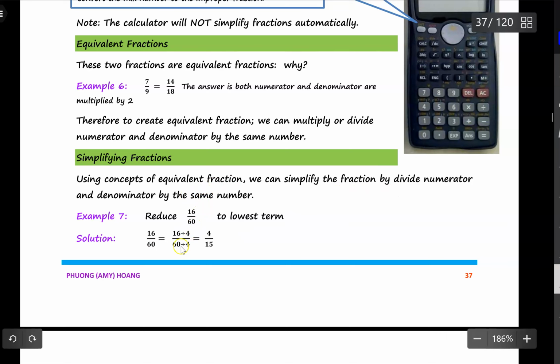You probably ask me, how come you don't divide it by 2? Because I can take 16 divided by 2 as well, and 60 is also divisible by 2. So I will make a note here for everyone. If I take 16 divided by 2 and 60 divided by 2, I will get 8 over 30.